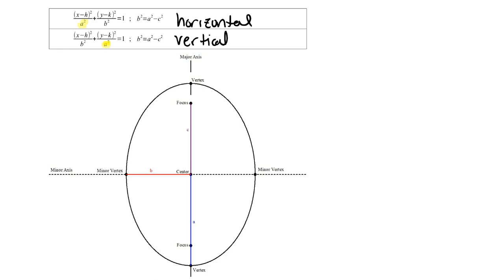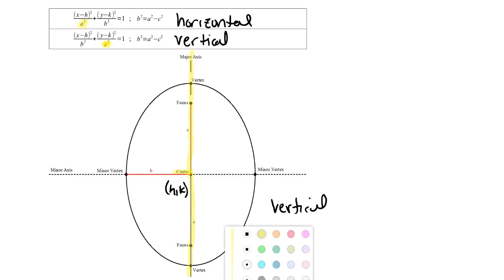Now I've drawn a picture of the vertical orientation. So this picture is the vertical orientation. And with the ellipse, you have a center, which we label with (h, k). Because this is a vertical orientation, we're going to focus along the vertical axis for most of the important features of this graph. What you'll find is that we have foci that are above and below the center, equal distance, that distance of C away.